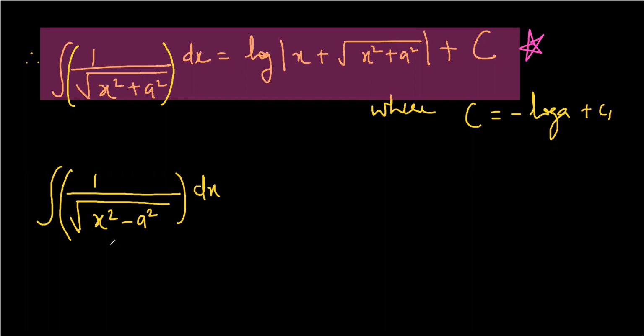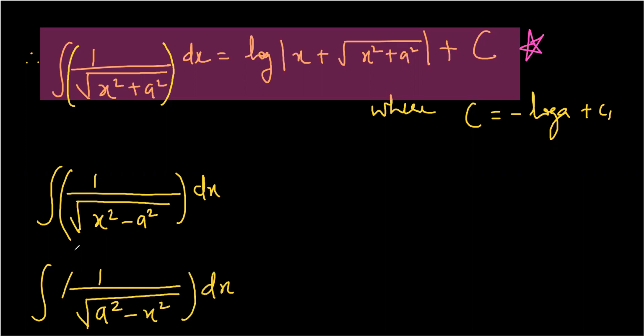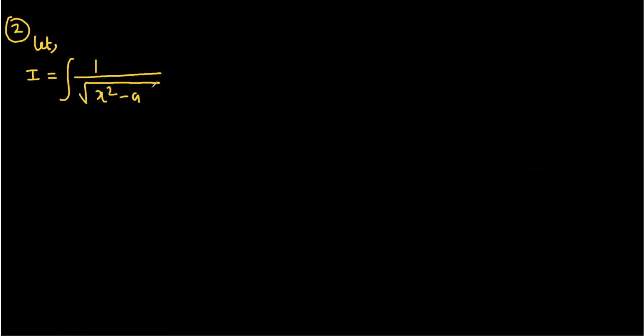We are now going to take this one, and after that finally we will take 1 over square root of a square minus x square dx. We will do this. So let me do this first. So I write here 2 and I take that as I equals the integral of 1 over square root of x square minus a square dx.